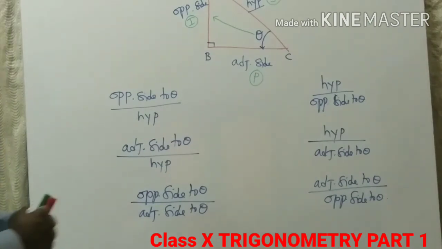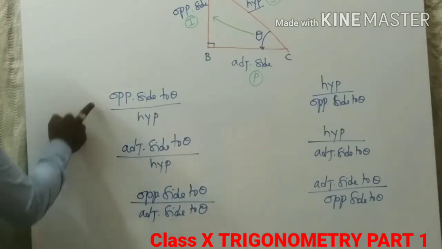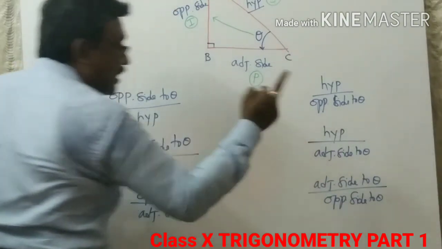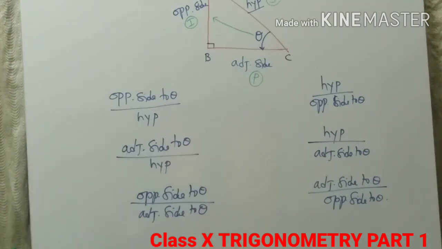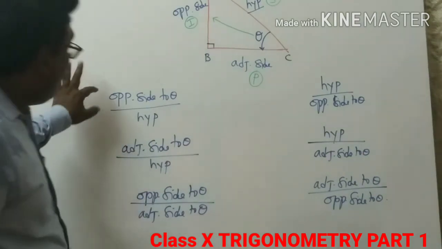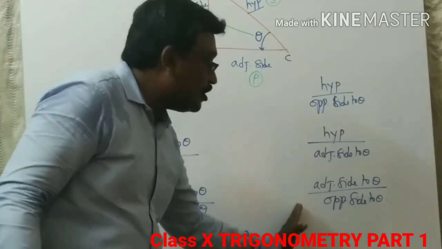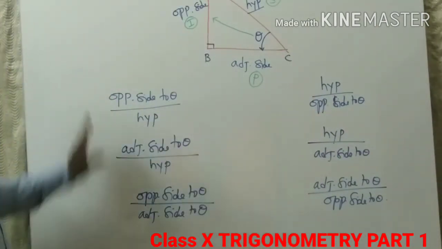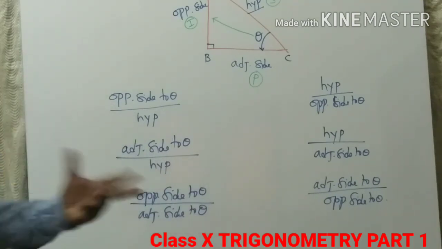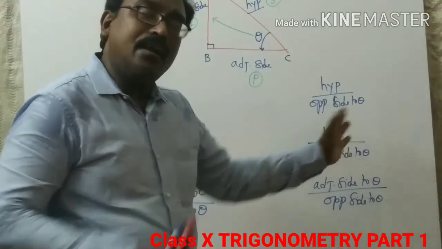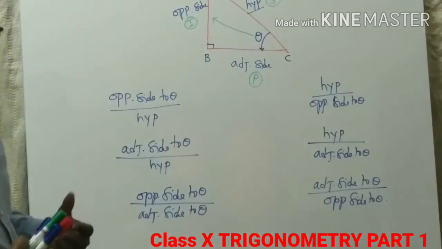So, total how many ratios we got? 1, 2, 3, 4, 5, 6. Total 6 ratios. Among the 6 ratios, the first 3 ratios are reciprocal to the second, or these ratios are reciprocal to the first. So, if you remember 3 ratios, obviously the other 3 are reciprocal to their respective ones.